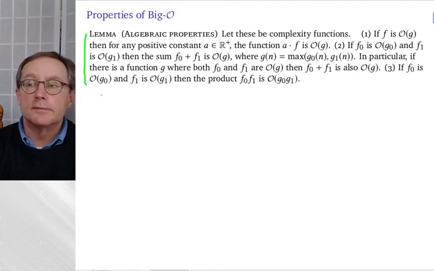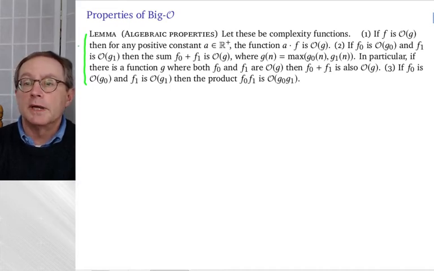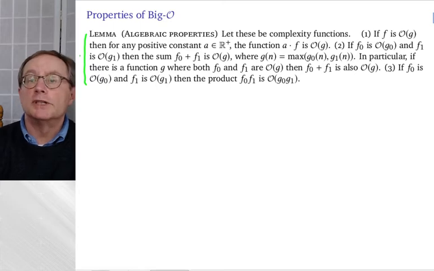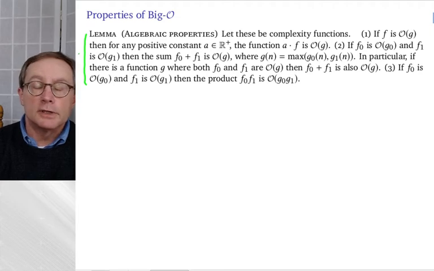If F is big O of G, then for any positive constant little a, the function little a times F is big O of G. So if F is big O of G, then 3 times F is big O of G. If F0 is big O of G0 and F1 is big O of G1, then the sum is big O of G, where G is the max of G0, G1. In particular, the important case, if F0 and F1 are both big O of G, then F0 plus F1 is big O of G.